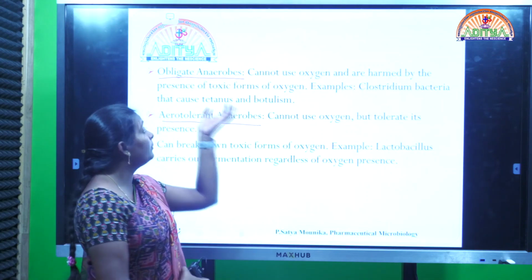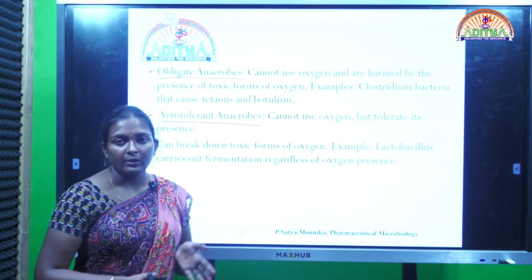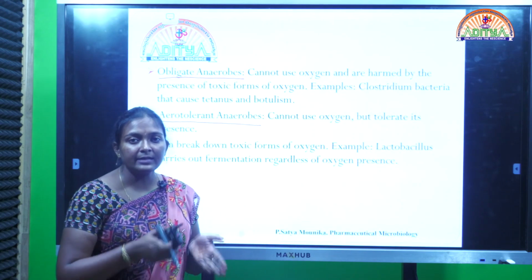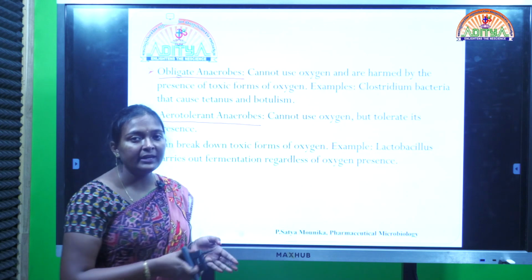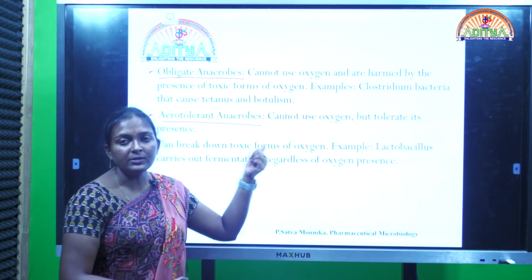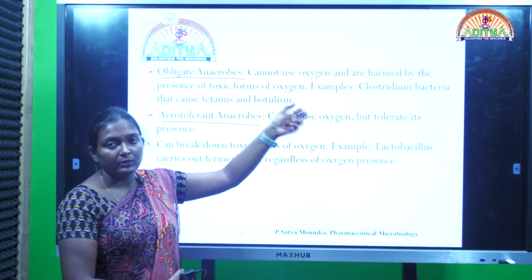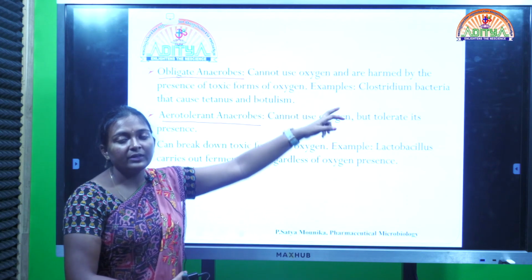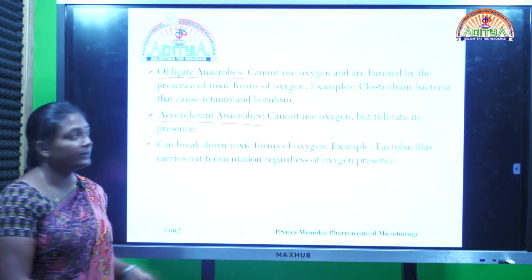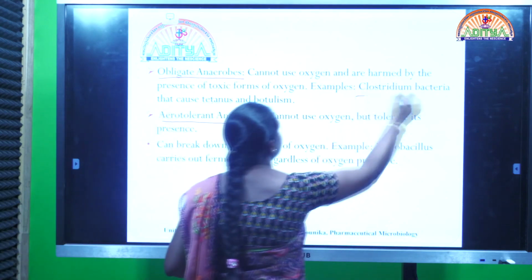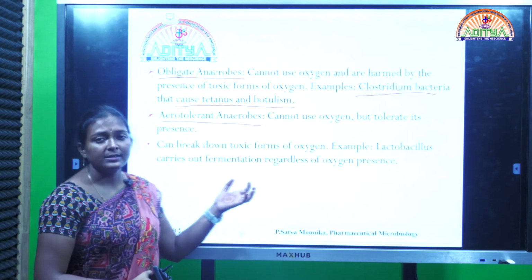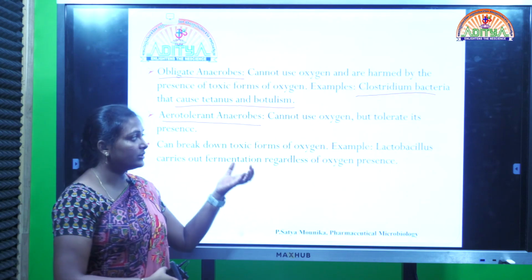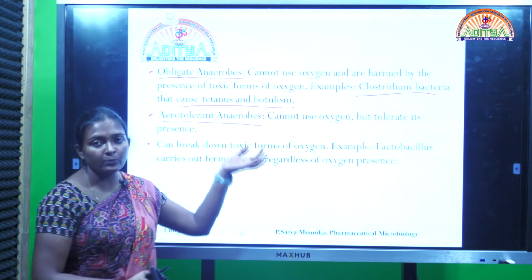But when it comes to the obligate anaerobes, they cannot live in the presence of oxygen. If oxygen is present, the bacterial cells get harmed. An example of this type is the Clostridium bacteria, as well as several other bacteria which cause tetanus and botulism.